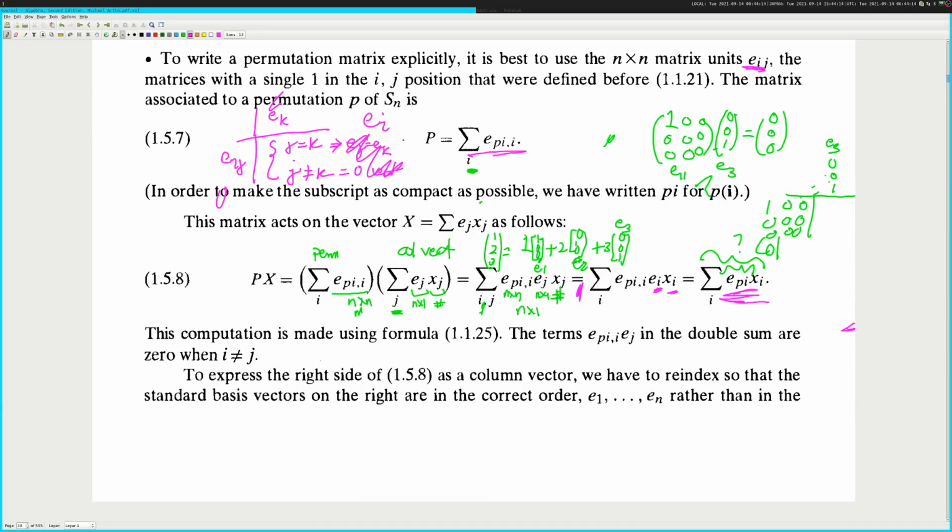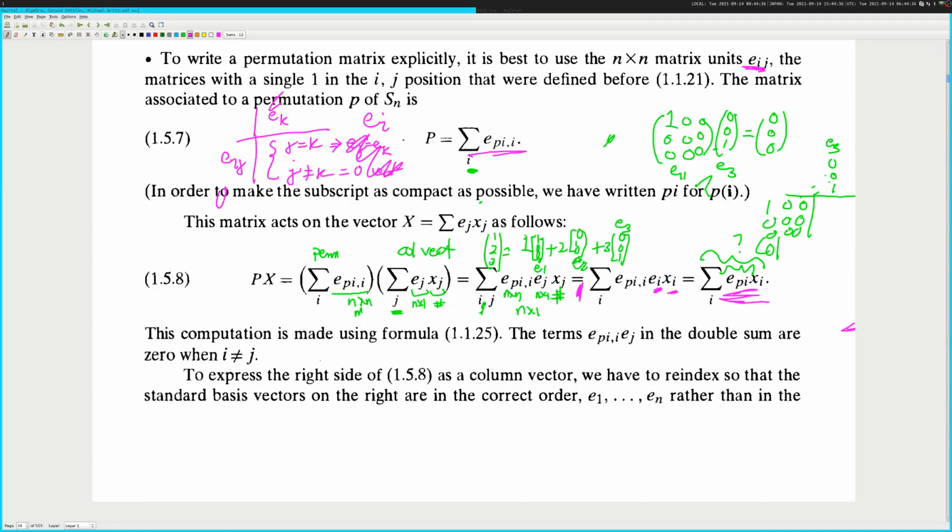I mean, the notation is garbage, but if you unwind it, it makes sense. The computation is made using a formula. I'm not going to go look that up. The terms, right, that's what I just said. The terms E_{P(i),i} E_j in the double sum are 0 when i is not equal to j.